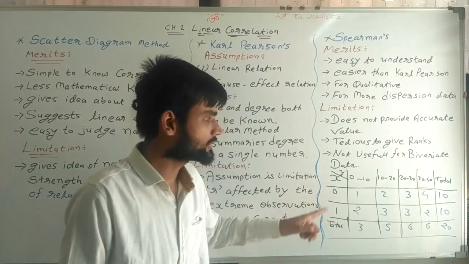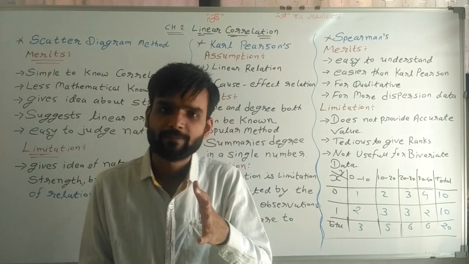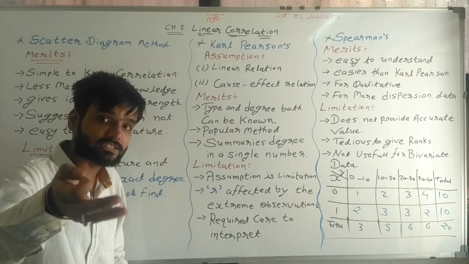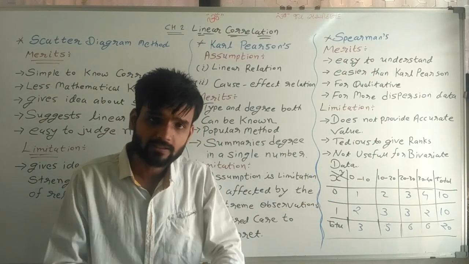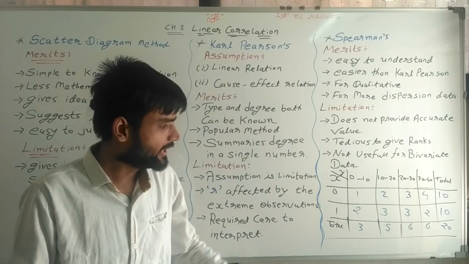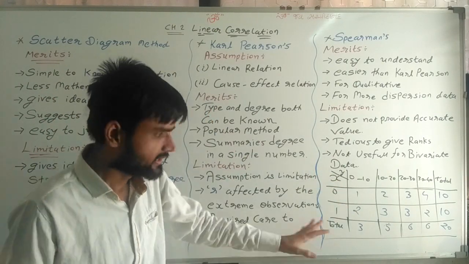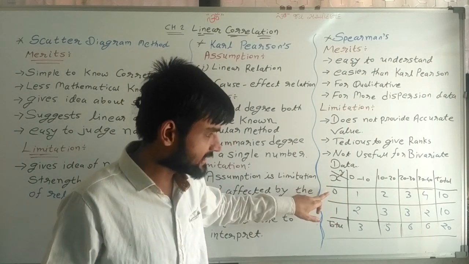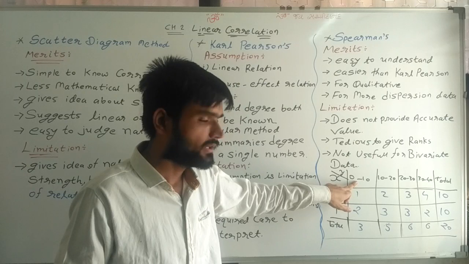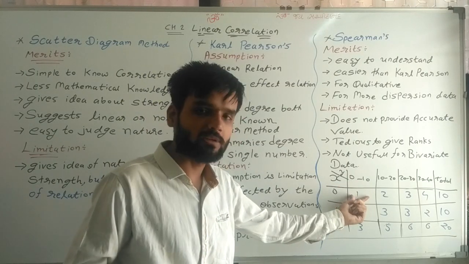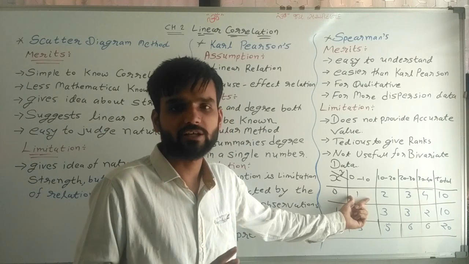In this situation, we cannot apply Spearman's rank correlation. Here Karl Pearson is applicable, and that will be in your higher studies, not here. It is just for your understanding. This type of data is bivariate data. X is 0 and Y is between 0 to 10. How many variables are there? Only one variable is there. Then it is bivariate data.